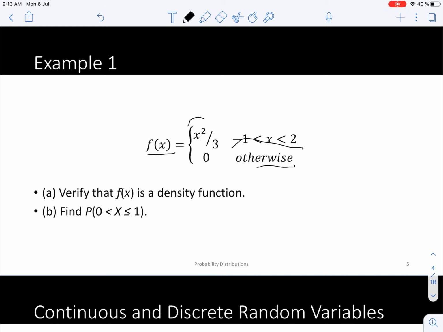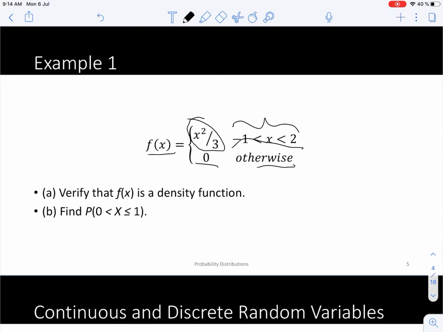Is this expression always greater than or equal to 0 in the interval where x is defined? For values below minus 1 and above 2, the PDF is 0, so it satisfies the condition. Between minus 1 and 2, if you plug in any value in that range, you will find that it is always positive or equal to 0. So it satisfies the first condition.